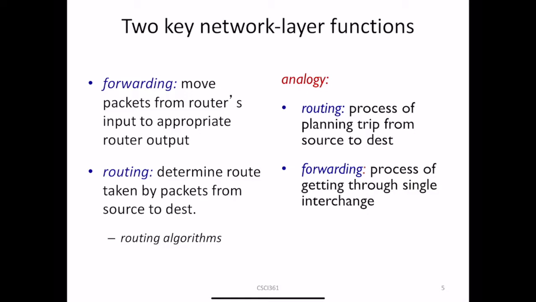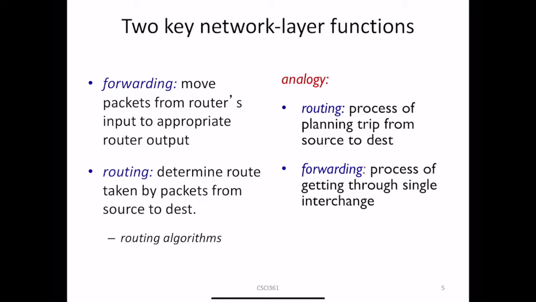Datagram forwarding is moving packets from a router's input to the appropriate router output. And routing is determining the route taken by the packets from the source to the destination. In order to better understand forwarding and routing, let's give you an example.